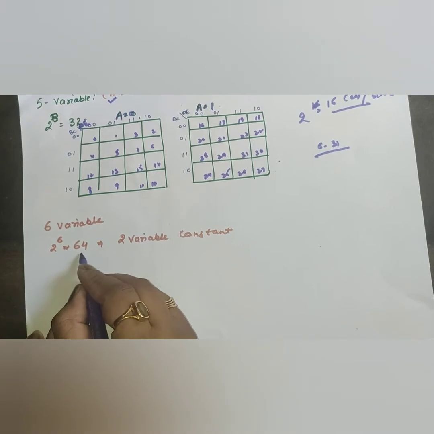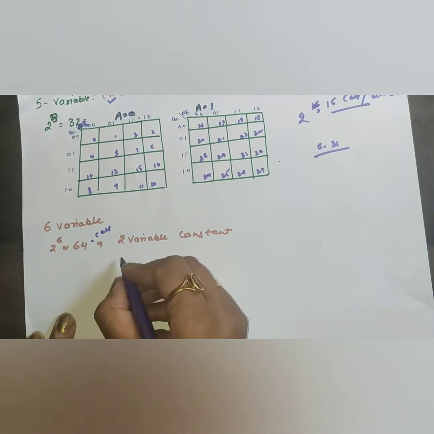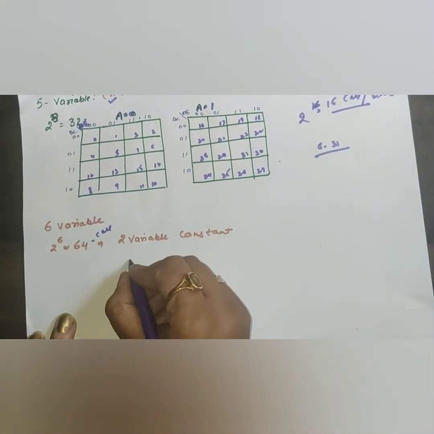A 6 variable K-map should have 64 cells. So 64 cells cannot be made by a single 5 variable map.